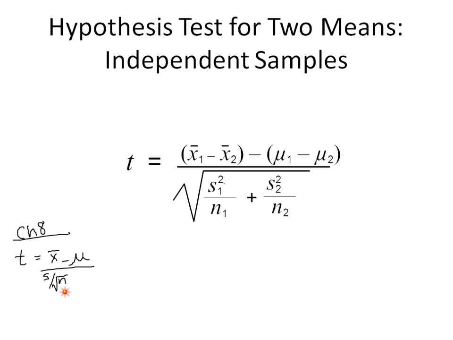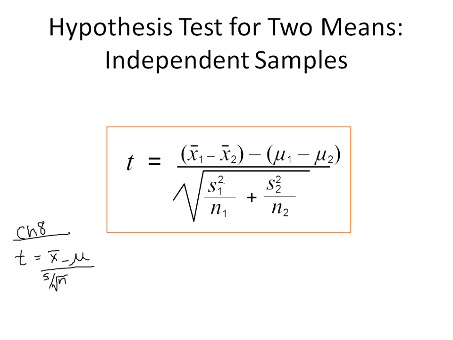The bottom part is different though, because the square root is in a different place. So this is our new test statistic for when we have two different groups and there's a claim about the population mean. Hypothesis testing for two means when we have independent samples.